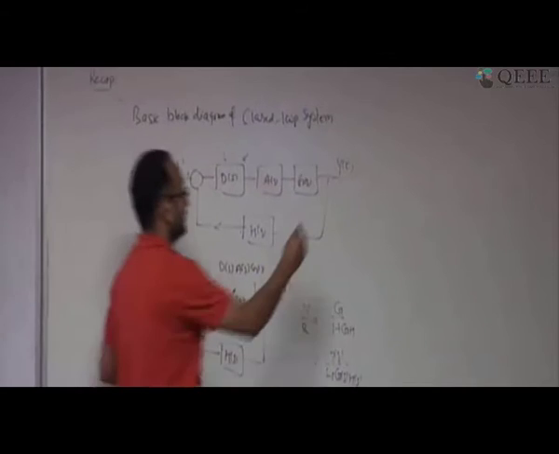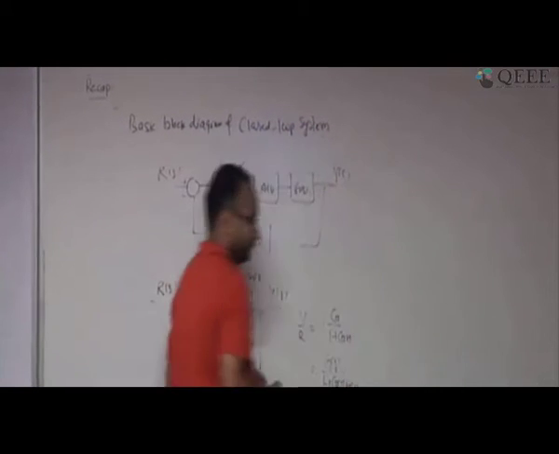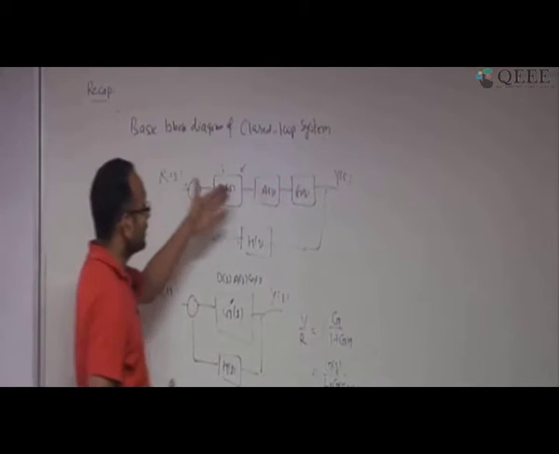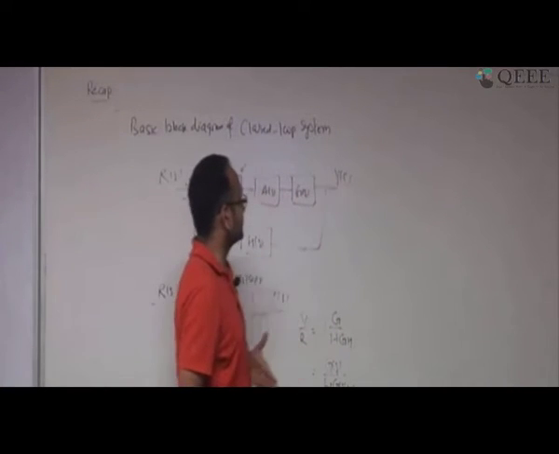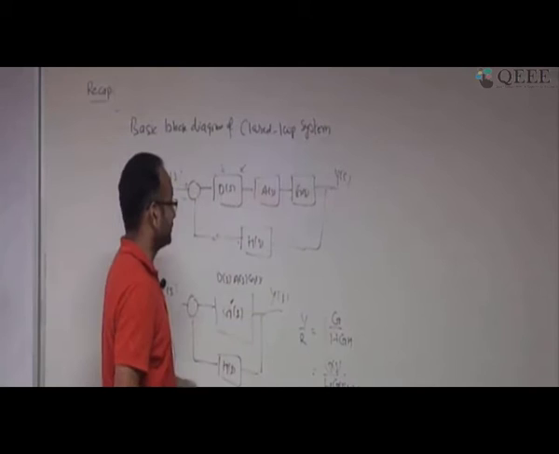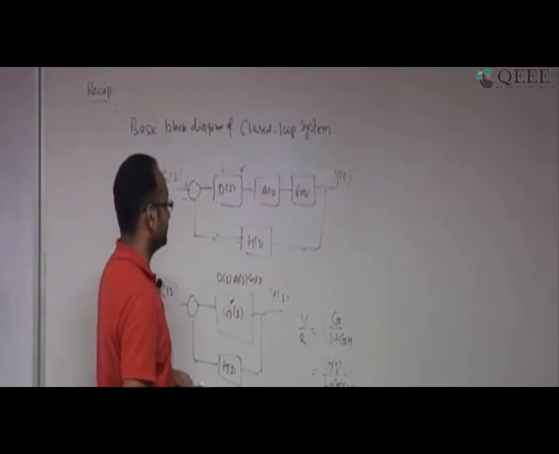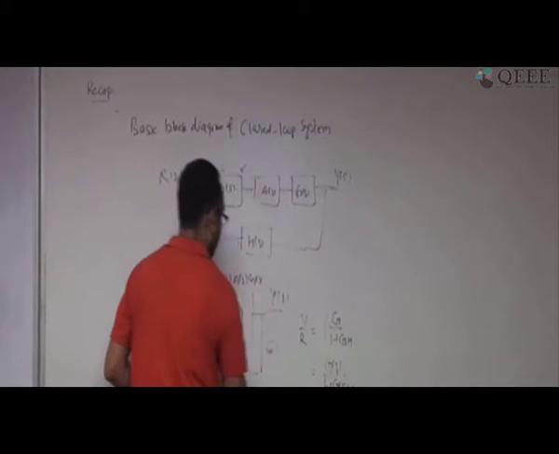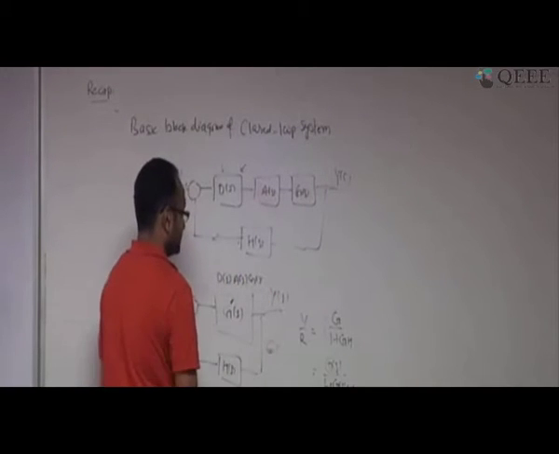As I mentioned, our objective in this module is to find the response of the system under the influence of different controllers. For that, we considered this simplified block diagram, G prime H of S, and this is the response.